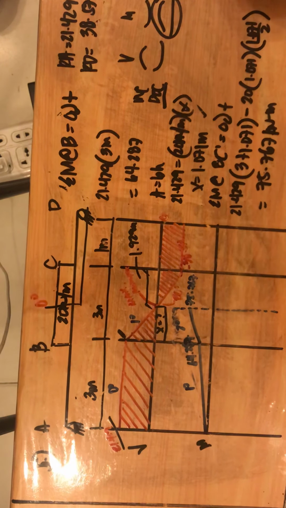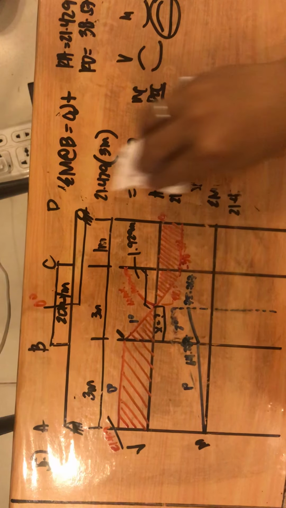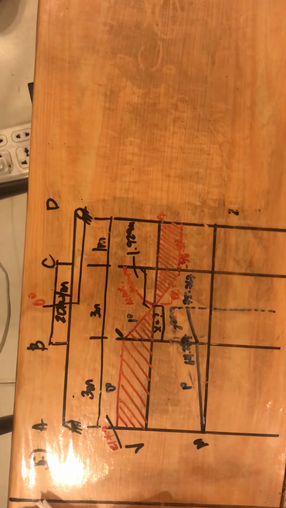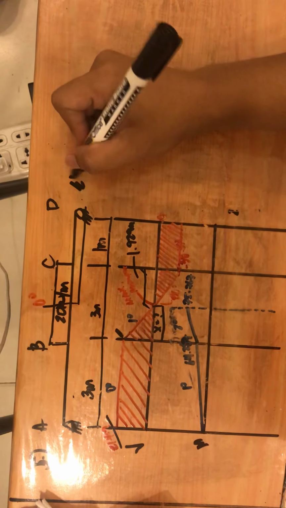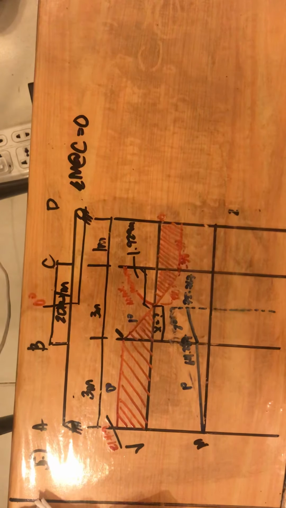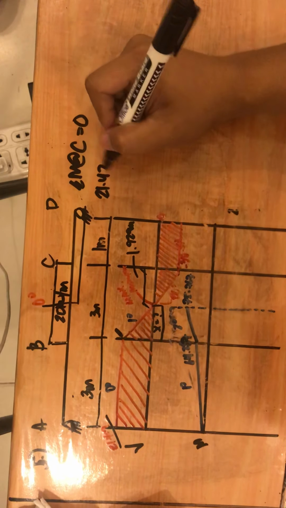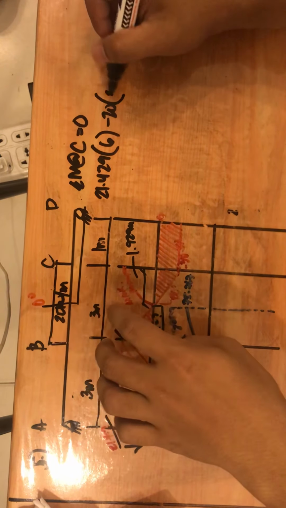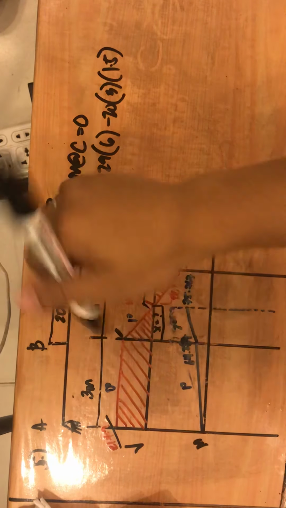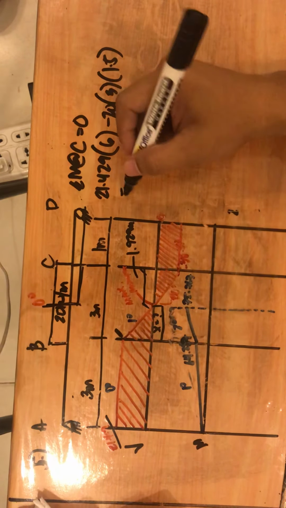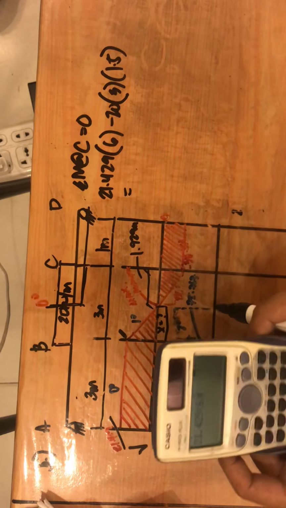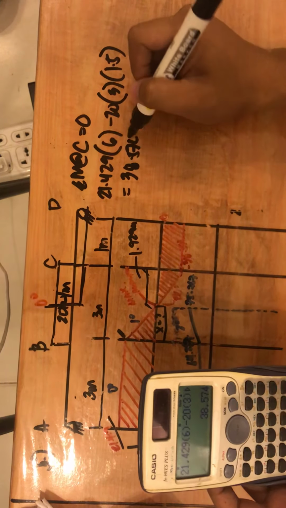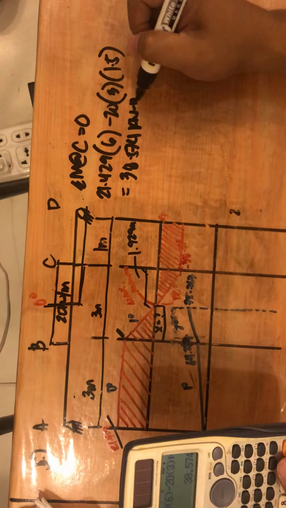Moment at point C: summation of moment at C equals 0. 21.429 times 6 minus 20 times 3 times 1.5, which is half of the length. So what is the moment at C? It is 38.574 kilonewton meter.